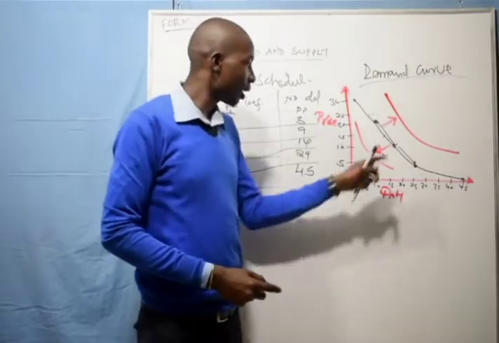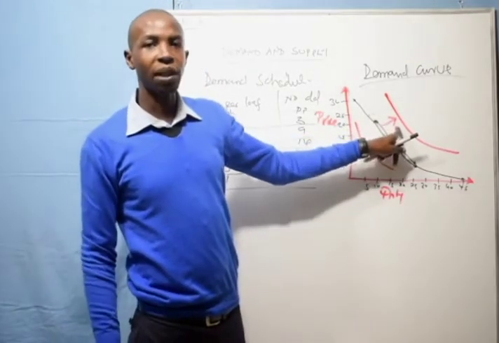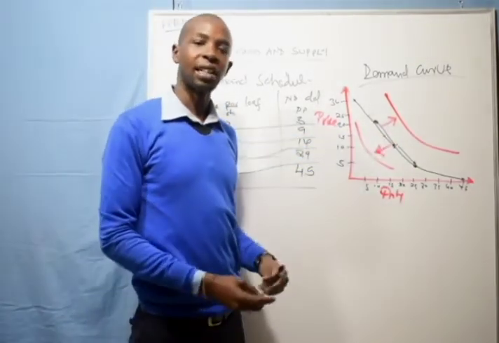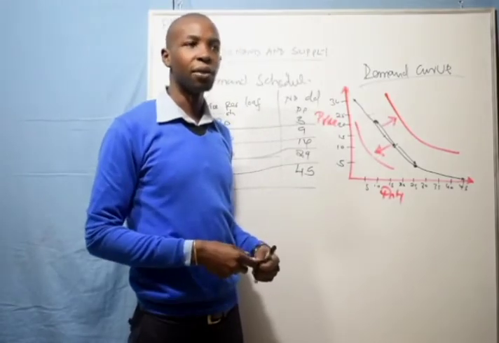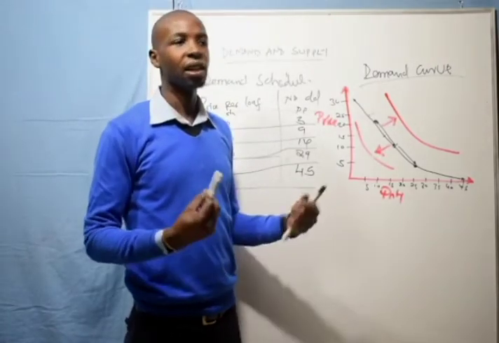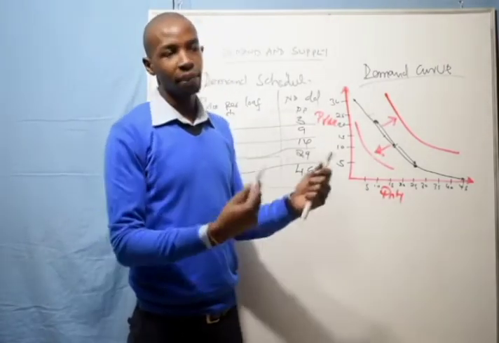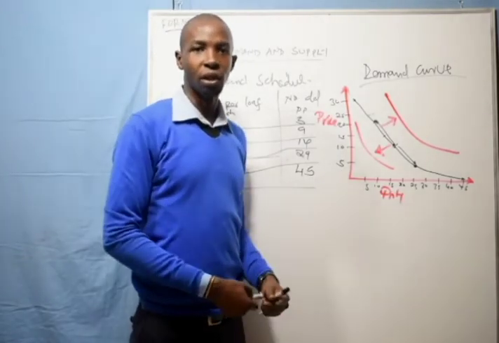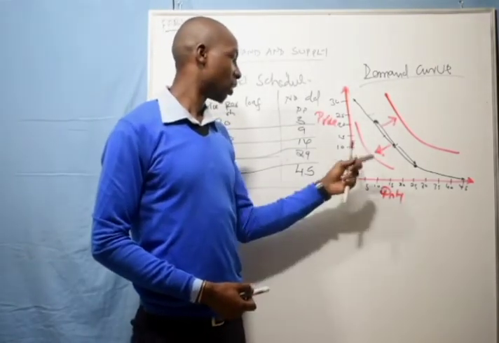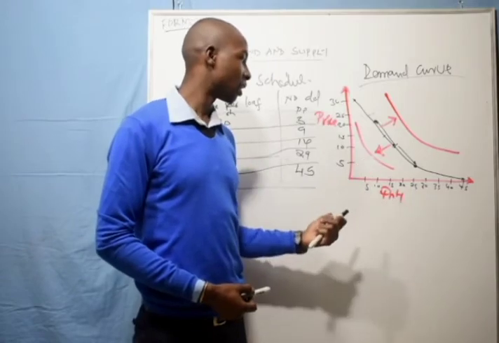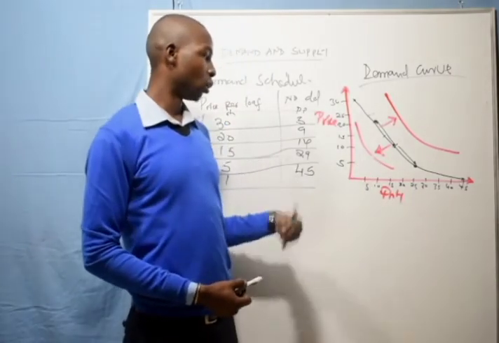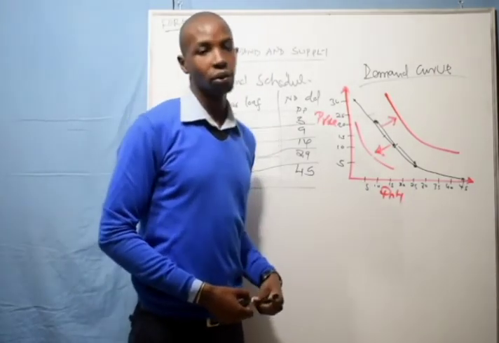So that one is what we call a shift of demand to the right. And at times you go to the market, you find that the commodities have decreased and the price is also down. So that one is what we refer to as a shift to the left.